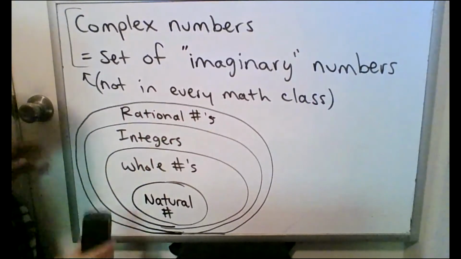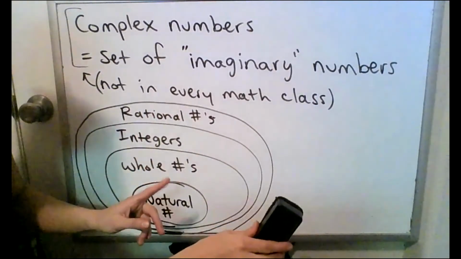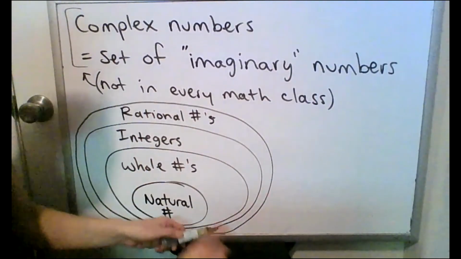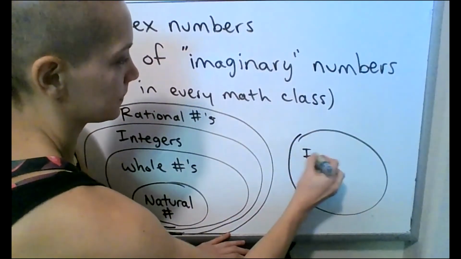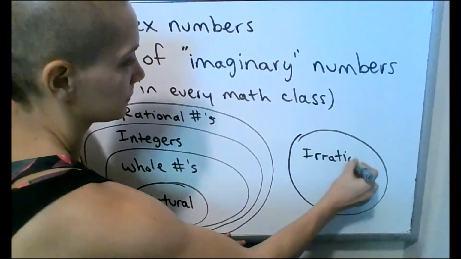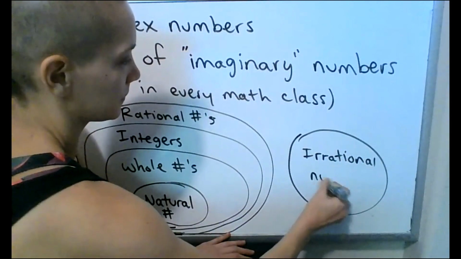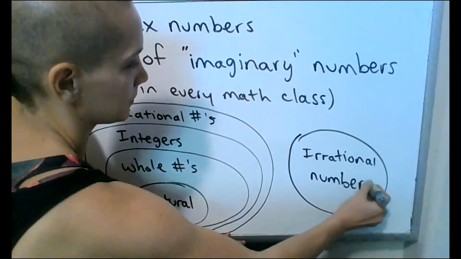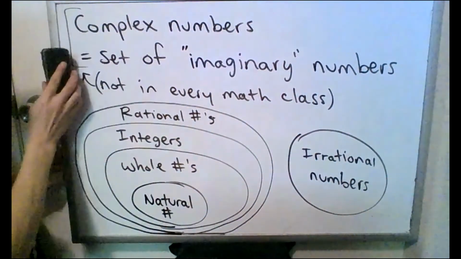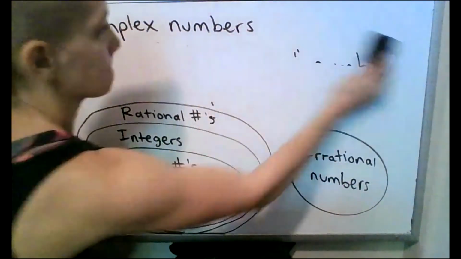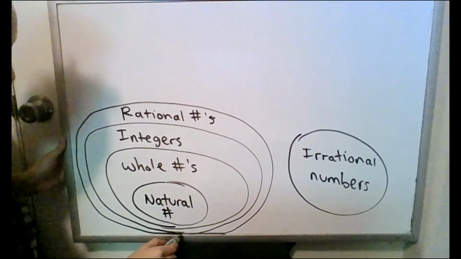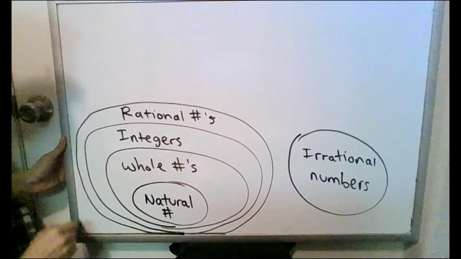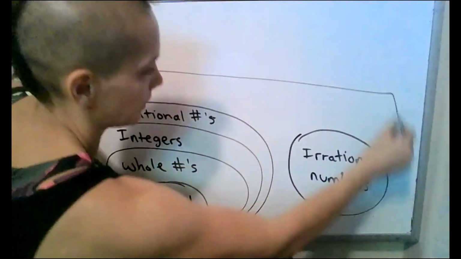Things that can't be written as fractions are over here, and those were the irrationals. And for our class, we can use any of these numbers, or we can use any of the irrational numbers.